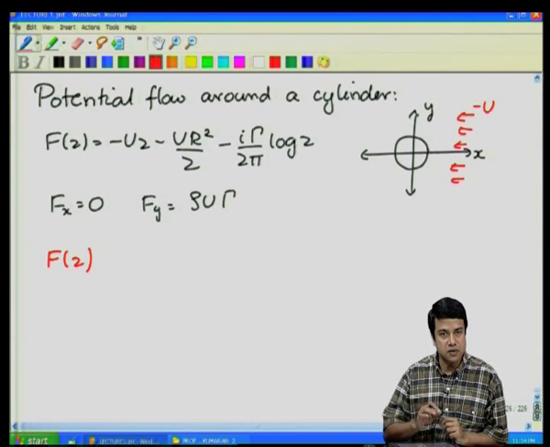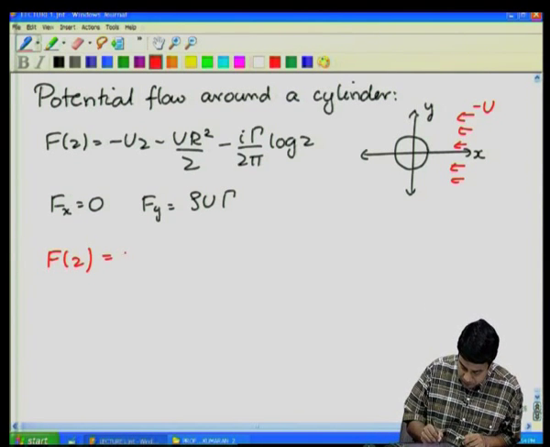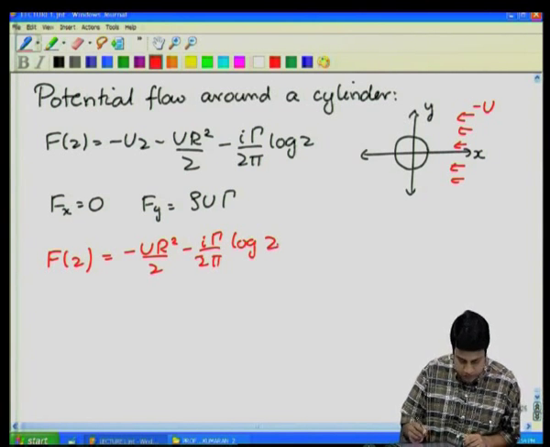Adding a velocity plus u everywhere is equivalent to adding a potential of plus u times z, because if I take the derivative of the potential with respect to z, I will get an additional factor of plus u. So, this is equal to minus u r square by z minus i gamma by 2 pi log z.